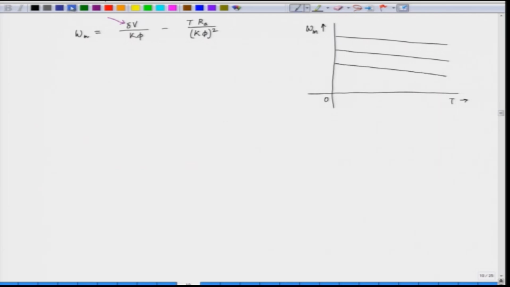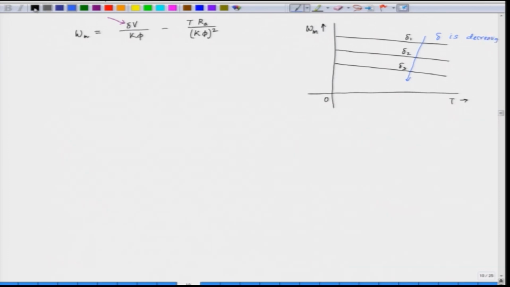So, this is for delta 1, delta 2 and delta 3. Delta is reducing here, delta is decreasing.